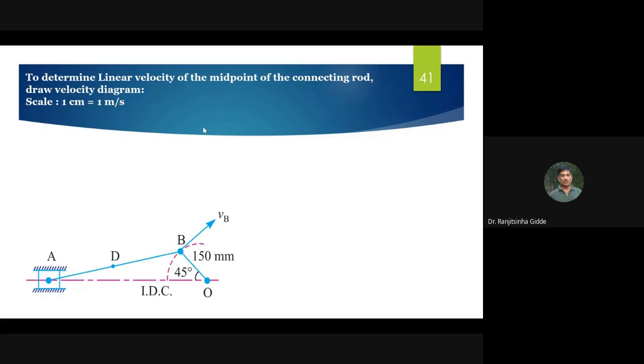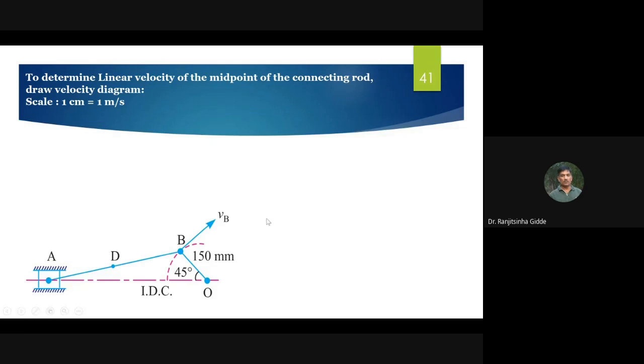Or somebody can select 1 centimeter is equal to 2 meter per second, or 1 centimeter is equal to 0.5 meter per second. That depends upon our convenience or whatever space is available. So any suitable scale can be selected. Okay.